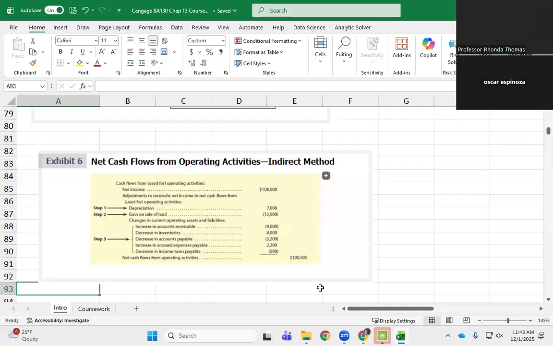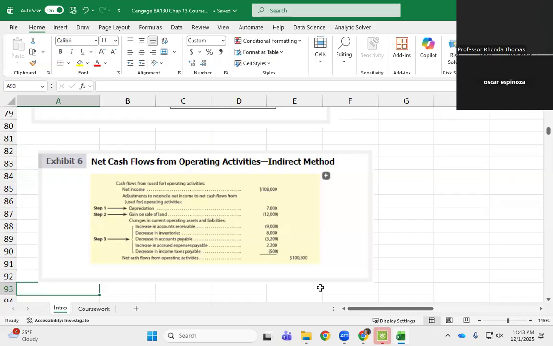We are not going to go out and look to see what caused cash to go up because of our operations, because this is a little bit simpler method, okay? So we're going to always start with net income. So we've got to do the income statement first. We've got to do the owner's equity statement. We've got to do the balance sheet and then the cash flow statement.